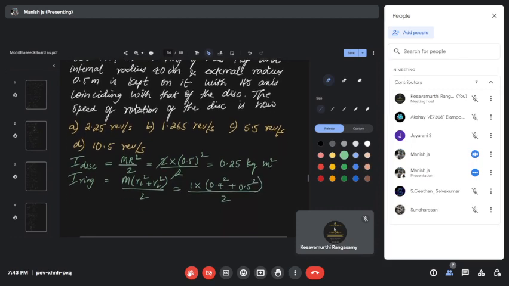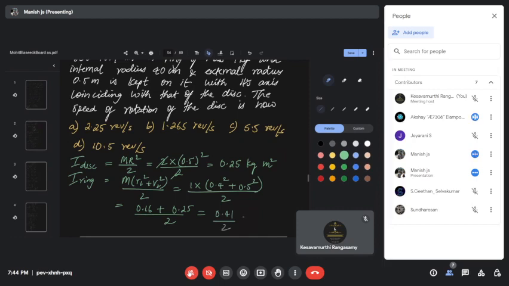What is 0.4 square? 4 square is 16, so 0.16. 0.5 square is 0.25. Add both of them: 0.16 plus 0.25 is 0.41.